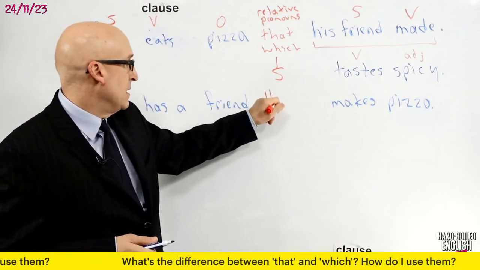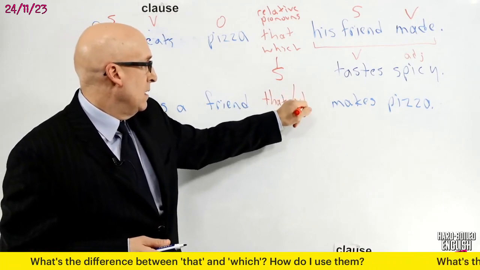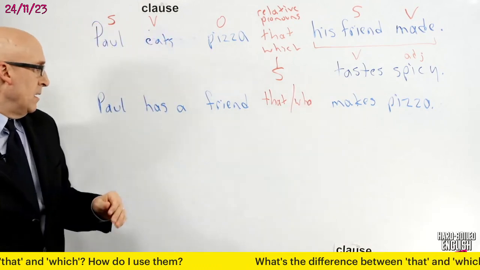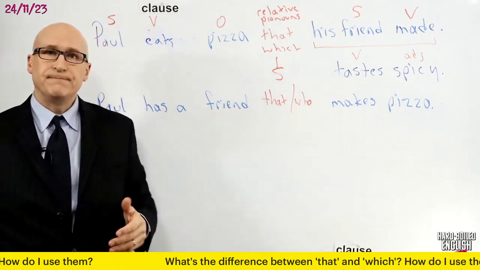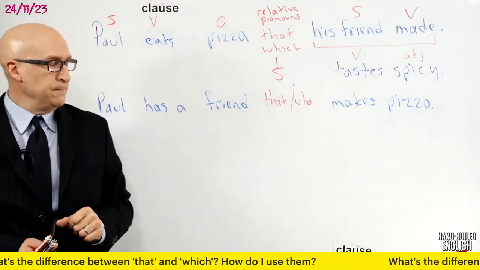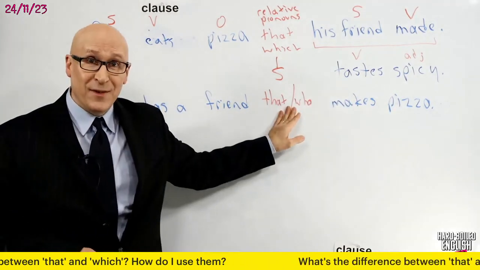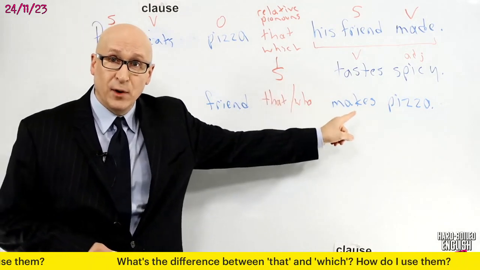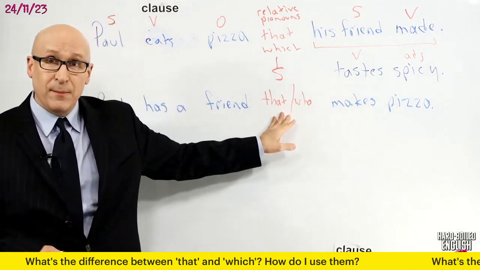We can say that, or who. Paul has a friend that makes pizza. Paul has a friend who makes pizza. Now we must have this because it is acting as the subject for that verb. So we have no choice but to keep it.